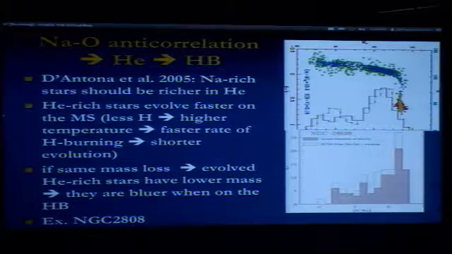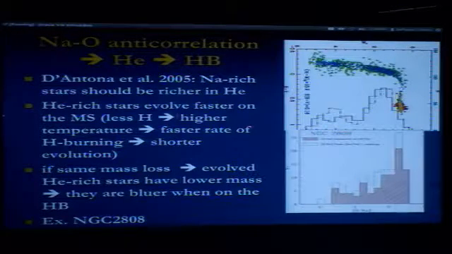They evolve more rapidly. This means that if the same mass is lost during the RGB, evolved helium-rich stars should continue to have a lower mass when you see them on the horizontal branch than stars that are helium-poor. And so they should be bluer when they are on the horizontal branch.